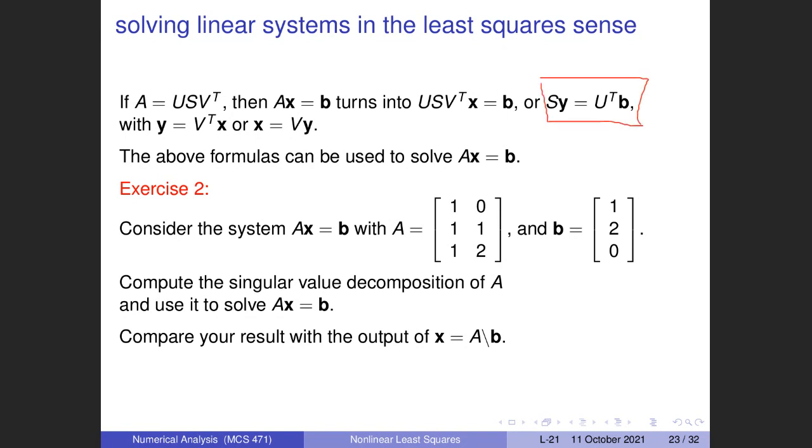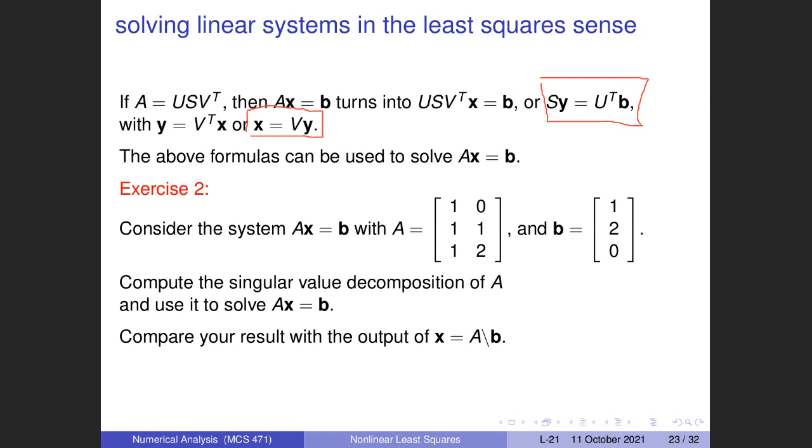You will solve a diagonal system by computing this step. You compute first the singular value decomposition. Just like with the LU factorization, we have an auxiliary vector y, which is the solution of this step, and then we do one more step. So after the factorization it is actually a three-step process.